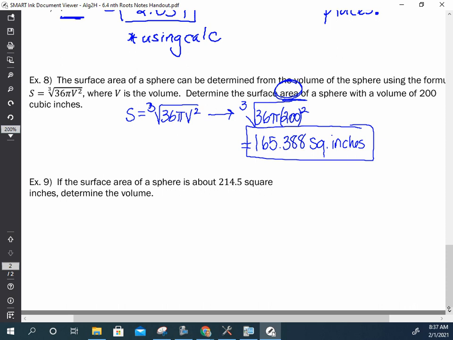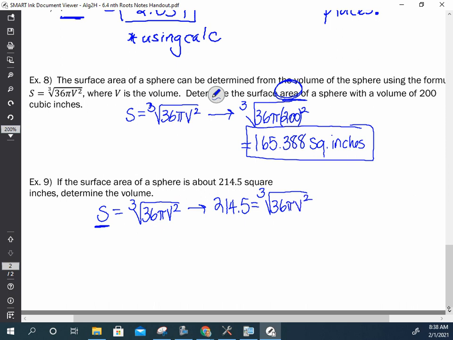Example 9. If the surface area of a sphere is about 214.5 square inches, determine the volume. So now we have the formula, cube root of 36 pi V squared. Now we're being told what S is equal to. So this is a little bit of solving an equation.